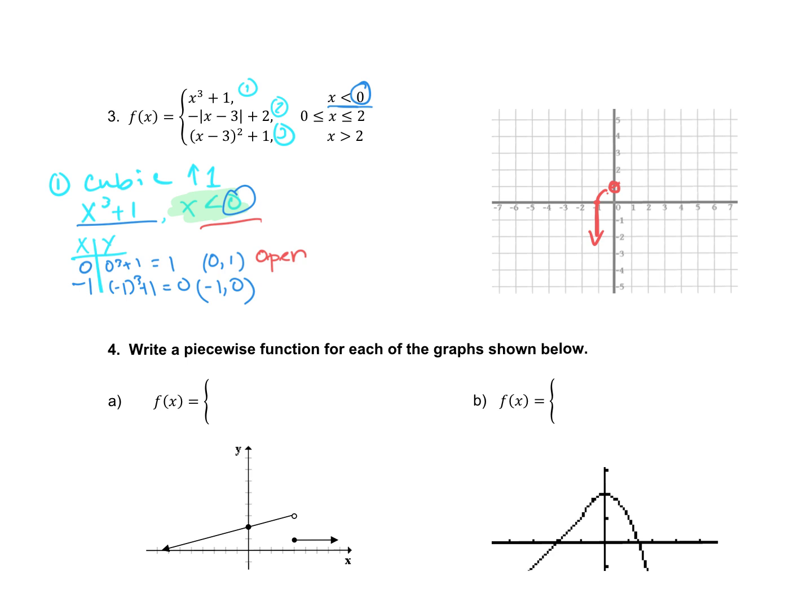And let's look at the next part. The next part for us is the absolute value, okay? So this one we're looking at is the absolute value, which is y equals -|x - 3| + 2.